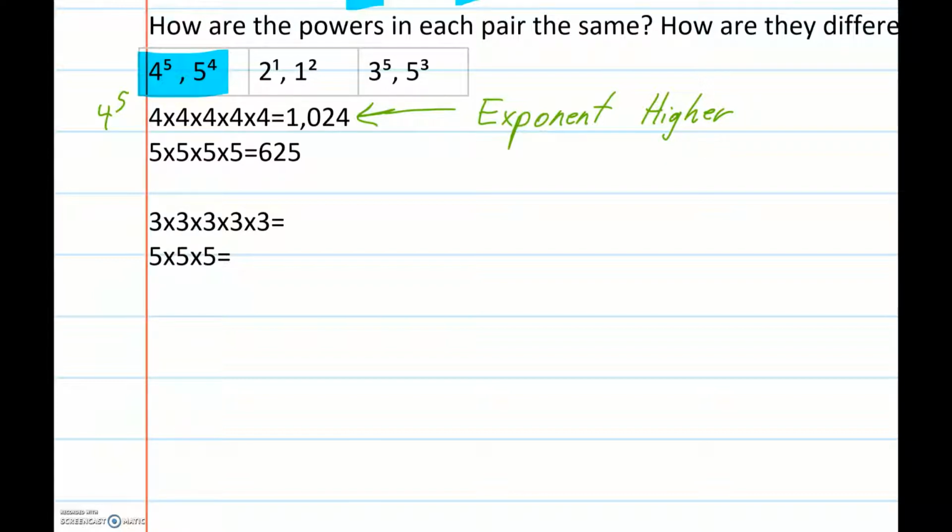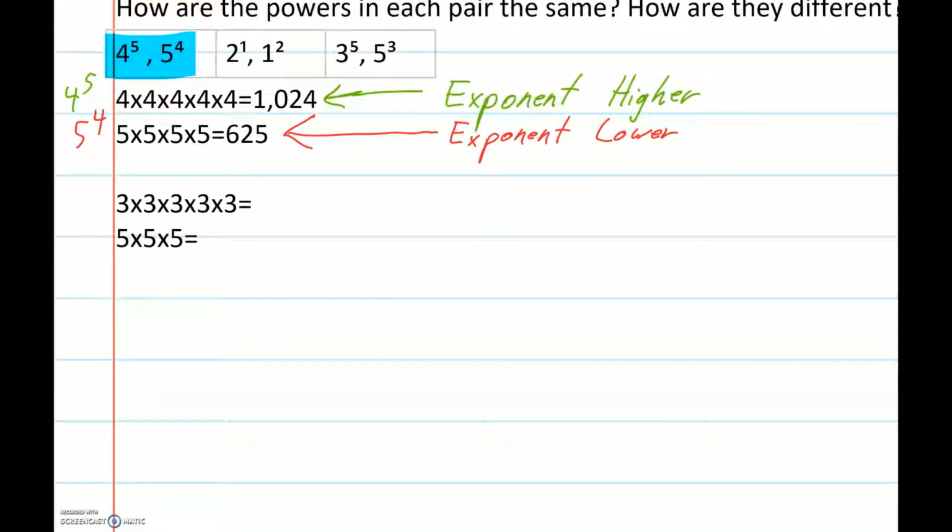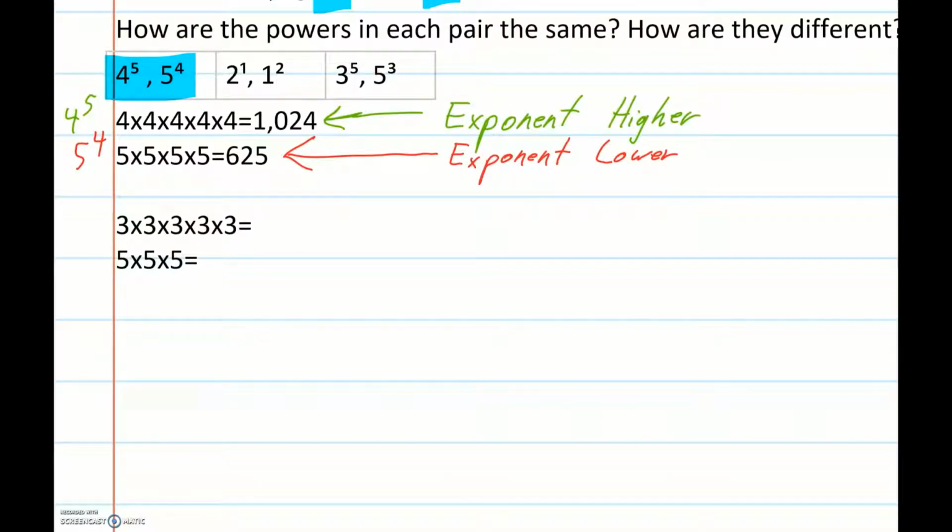All right. And the other one was 5 to the 4. And in this case, I mean, the base was higher, but the exponent was lower. Okay, so what I'm trying to get you to notice is that it doesn't matter what the base is. If you're comparing 2, the exponent is what matters more.